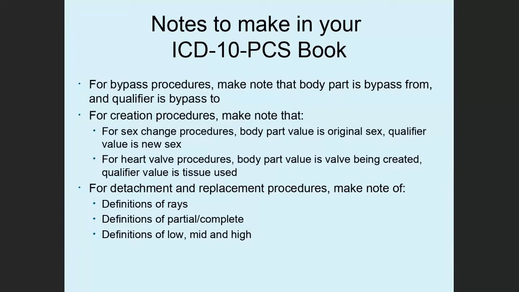For heart valve procedures, the heart body part value is the valve being created, qualifier value is the tissue being used. And don't forget for bypass procedures, note that the body part is bypassed from, the qualifier is bypassed to, and together they give a whole picture of what happened.